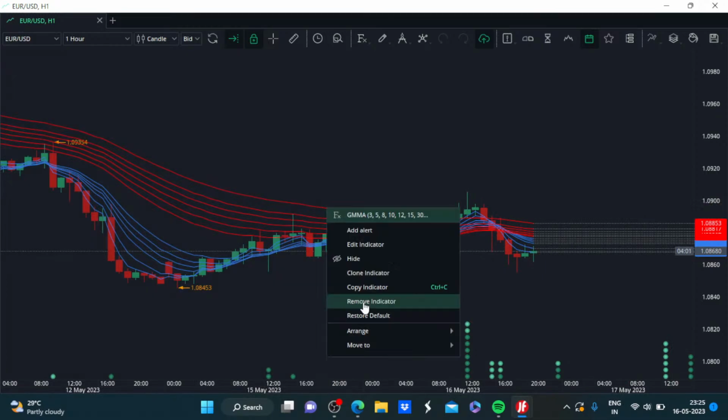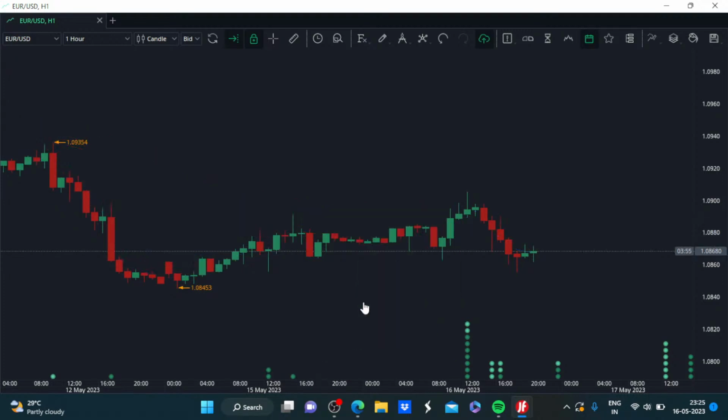Let me add the disparity index. All you need to do is a quick search.